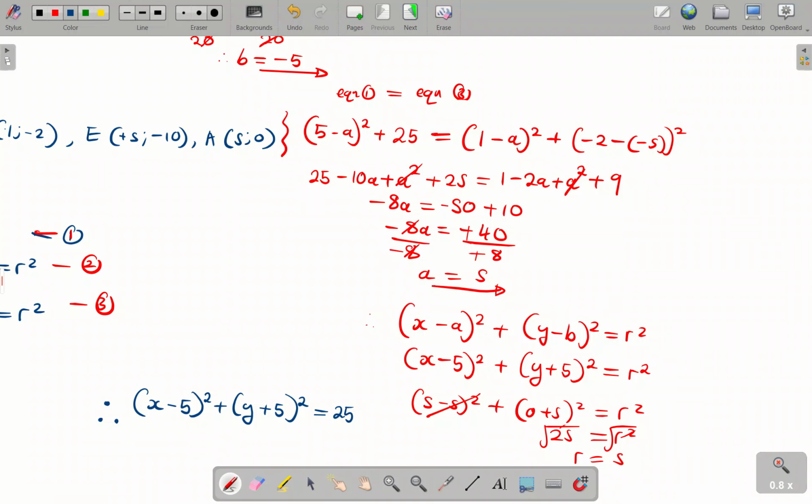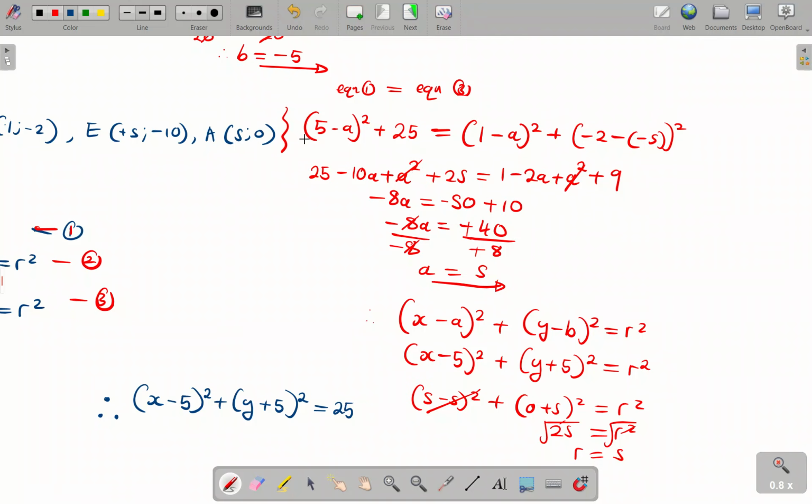Let me check this side. Negative 2 plus 5 squared, still 9. So 1, 9, that's 10, 25 to that will give me 50, to that, negative 40. And then, yeah, that's it.